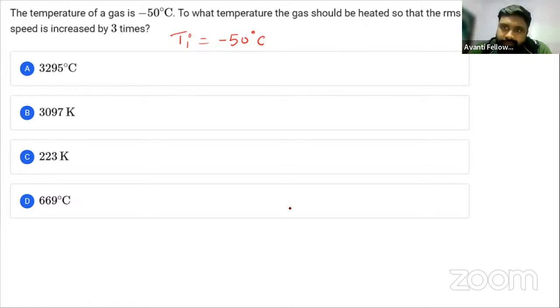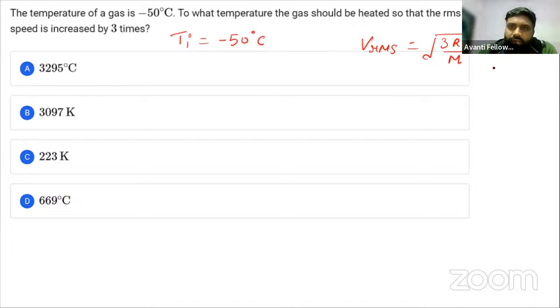So the only thing we need is the relation of VRMS with temperature. So we know that VRMS, meanwhile you can also solve it, is equal to the square root of 3RT upon M, where M is the molar mass.